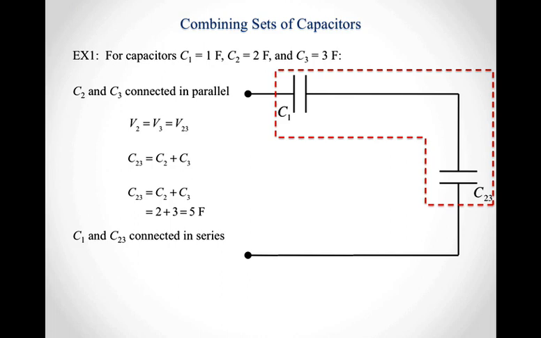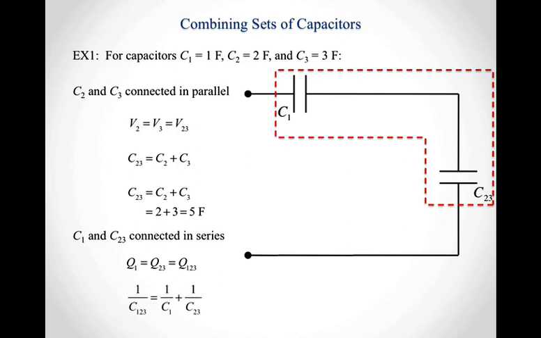The first thing I know is that means the charge on them has to be the same. So the charge on capacitor 1 is the same as the charge on my equivalent capacitor 2,3, and it's going to be the same as the charge on the equivalent capacitor 1,2,3 when I combine all three of them here at the end.